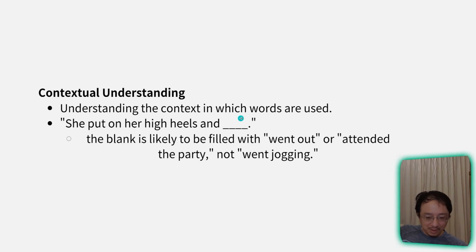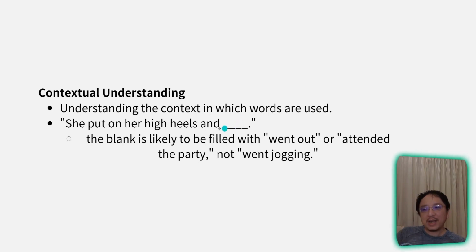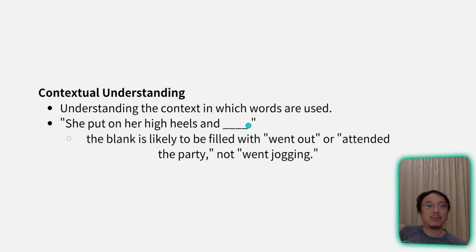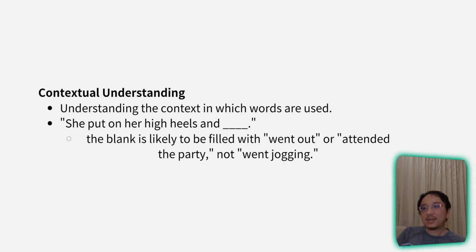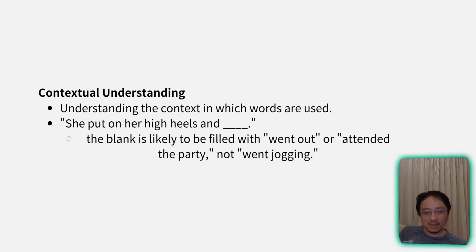So it is best if the model can understand the context from this sentence. Otherwise, it is very difficult to choose the right word to fill in. So potentially, or at least in principle, the model can have some contextual understanding from this type of training.